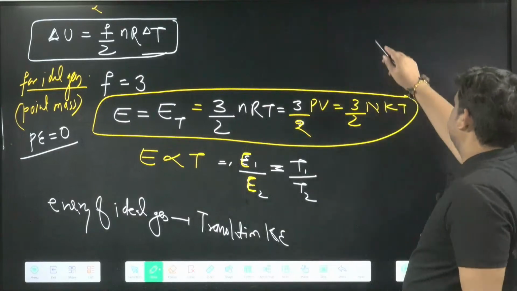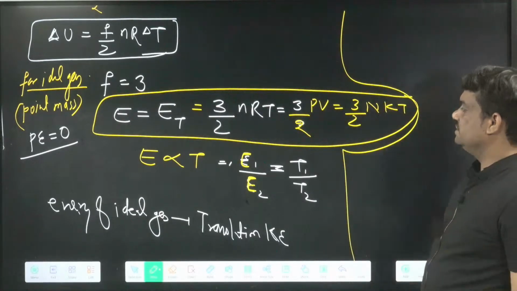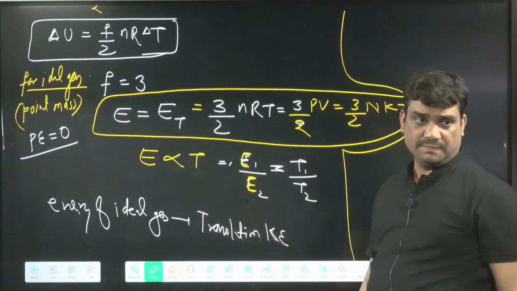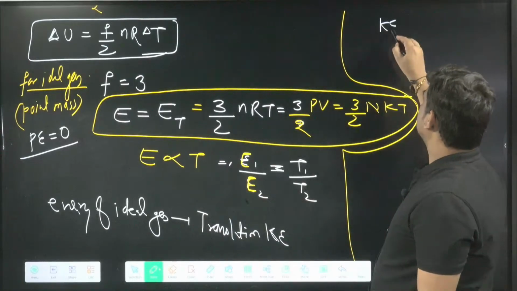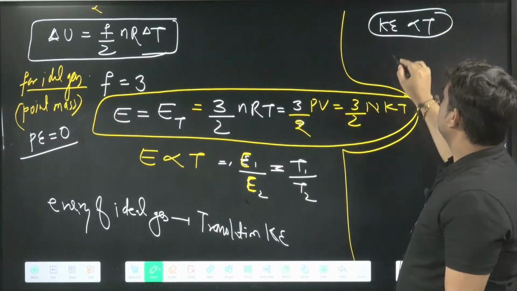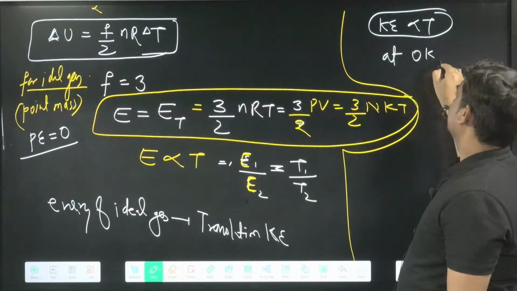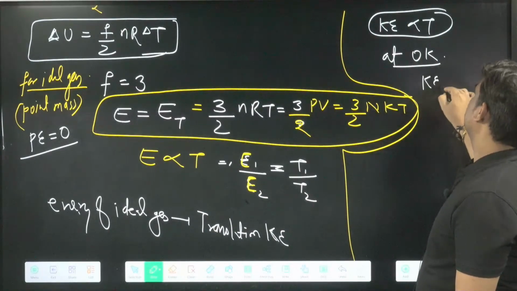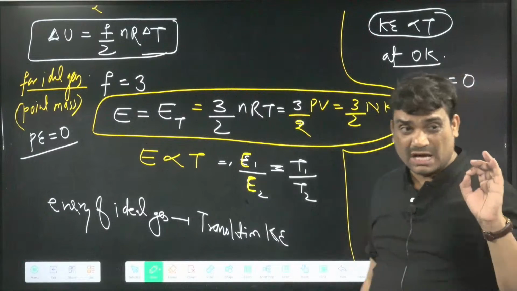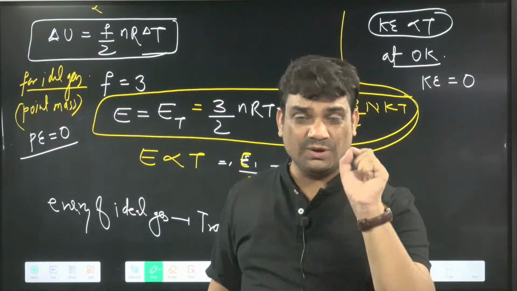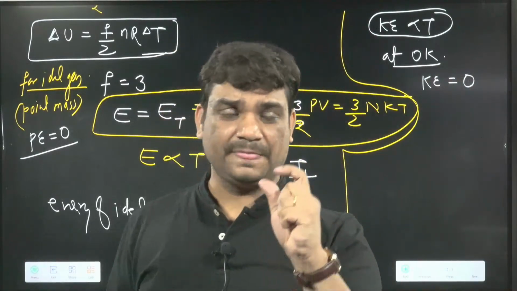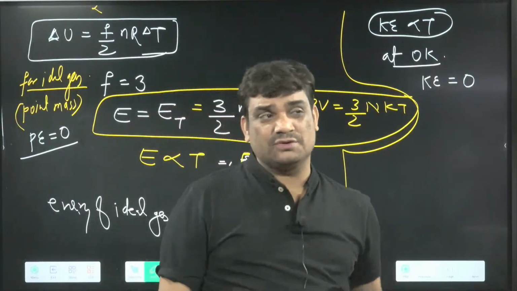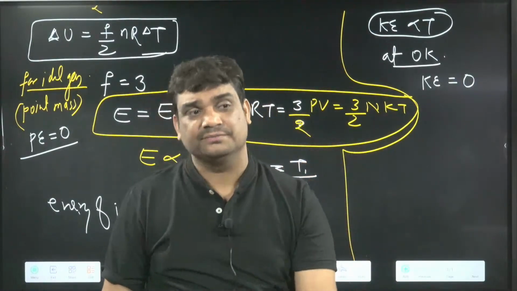Energy depends on temperature, as I already said that kinetic energy depends on temperature. So at 0 Kelvin, kinetic energy is always 0. 0 Kelvin is the temperature of 0 kinetic energy.